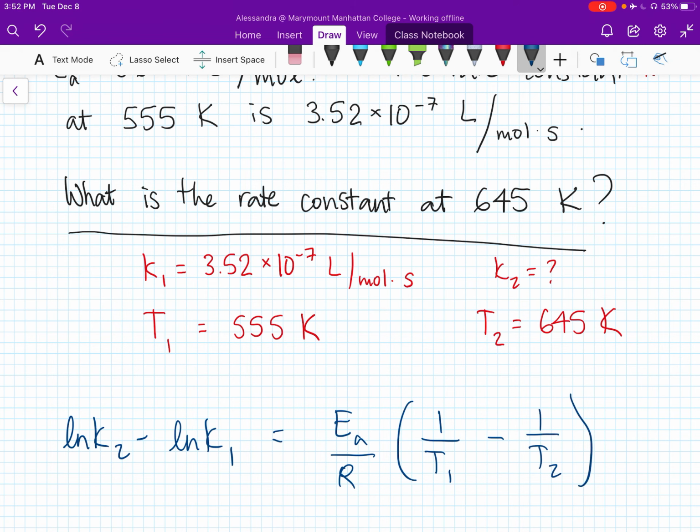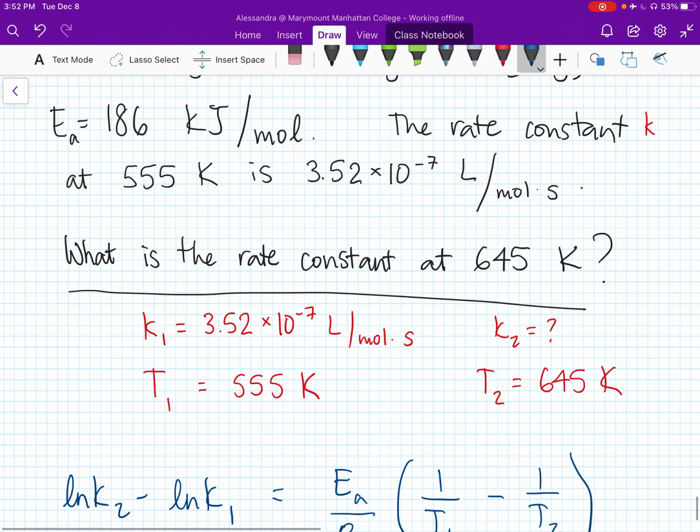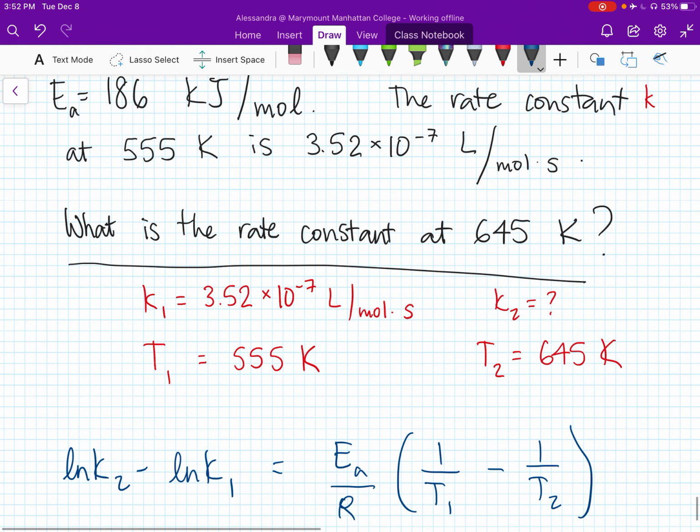Okay, so that's what we need to do with this equation when we have one of the k's that we're looking for. So the natural log of K2, that's my unknown, minus the natural log of K1, which is 3.52 times 10 to the negative 7, is going to be equal to the activation energy, which I'm going to convert to joules. The problem told me it's 186 kilojoules per mole.